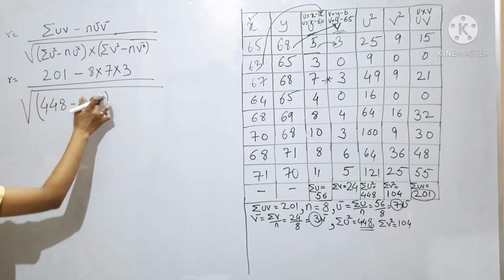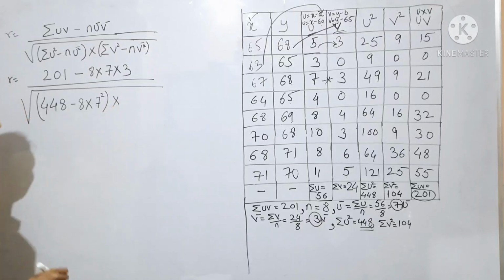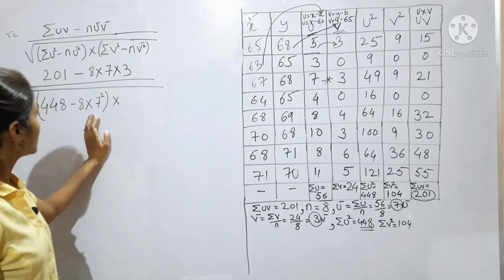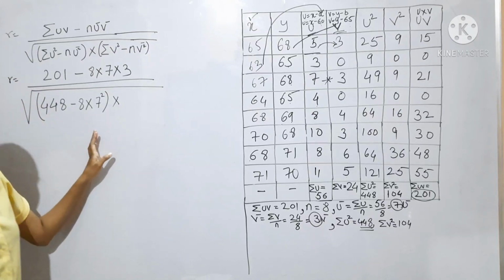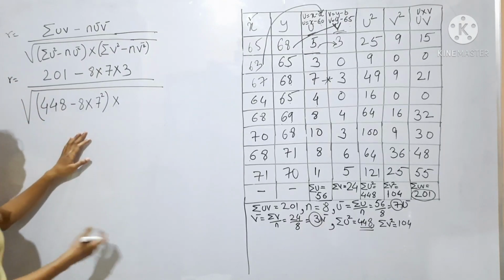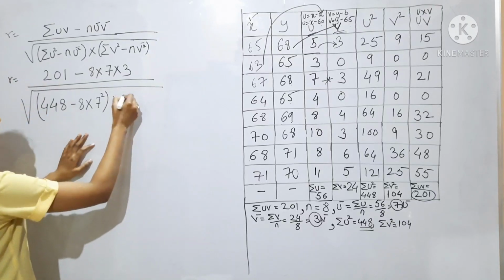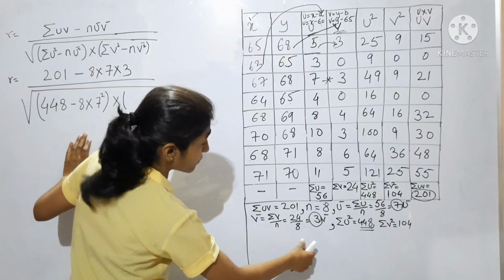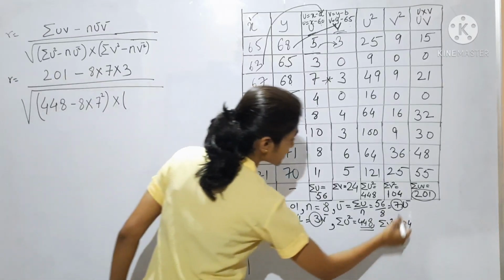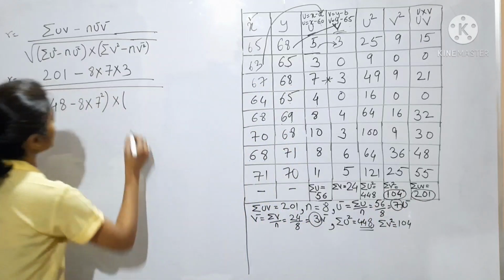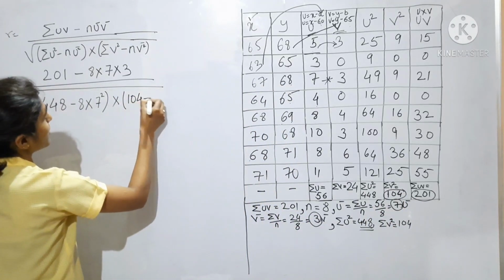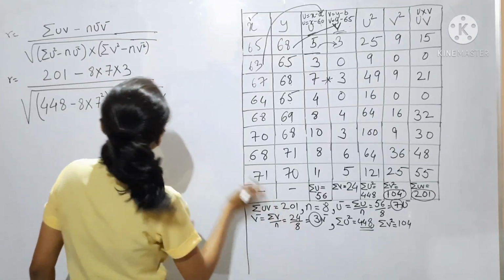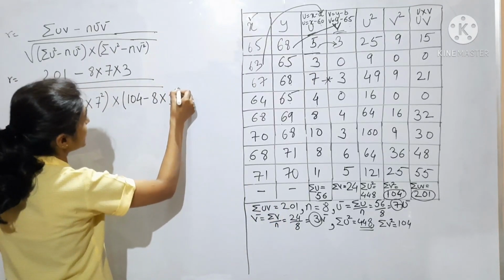We have to find the square of 7. Or you can write it directly also. Square of 7 is 49. You can write it directly, it depends upon you whether to write it or not. So summation of v square is 104 minus n, which is 8, multiply by v bar, which is 3, and 3 square.